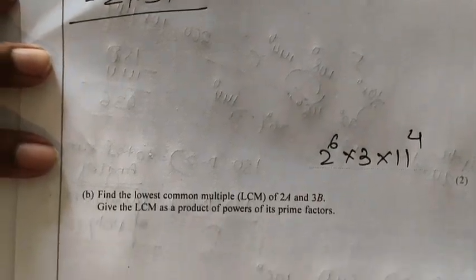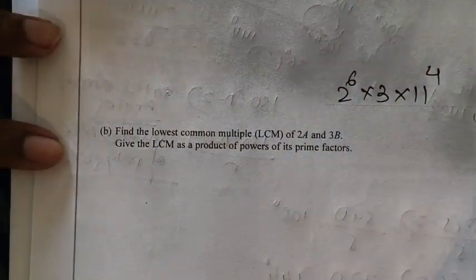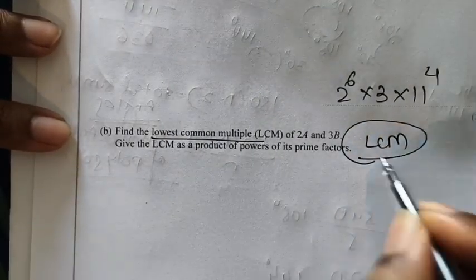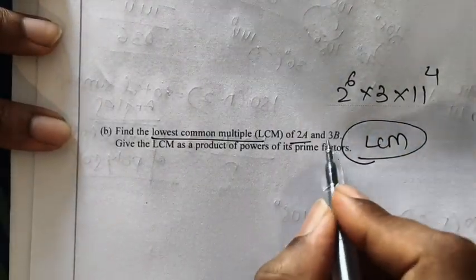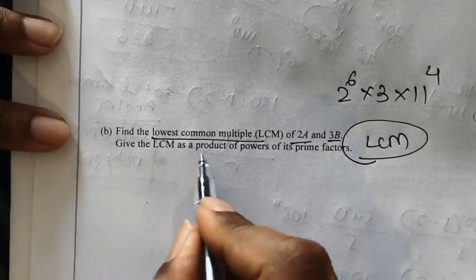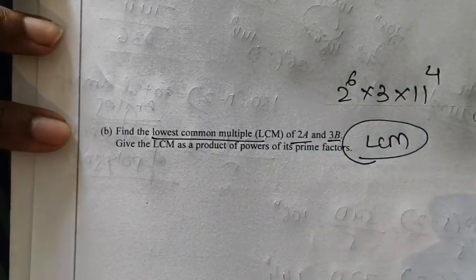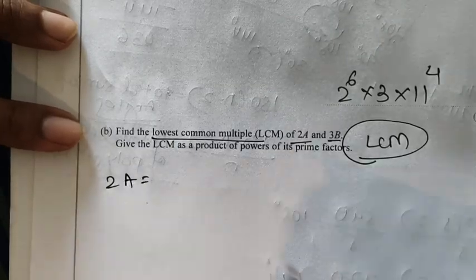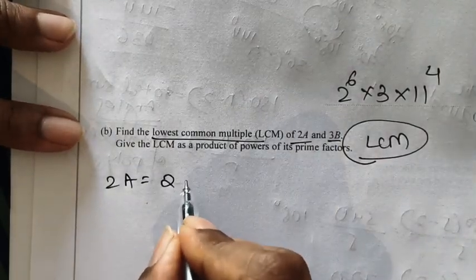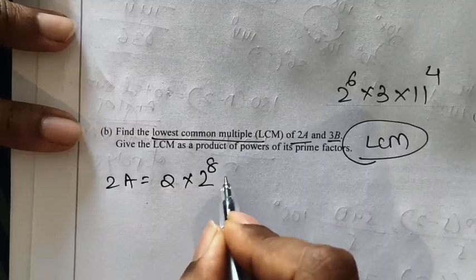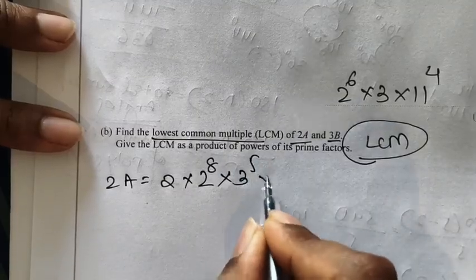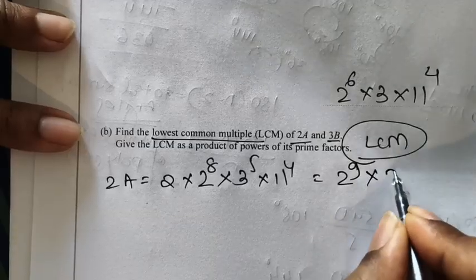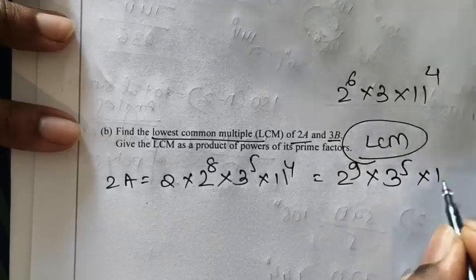No problem. Now find the lowest common multiple, LCM, of 2a and 3b, as a power of the prime factors, correct? My 2a becomes 2 into 2 raised to 8 into 3 raised to 5 into 11 raised to 4, which is equal to 2 raised to 9 into 3 raised to 5 into 11 raised to 4.